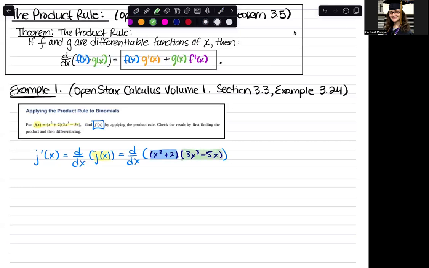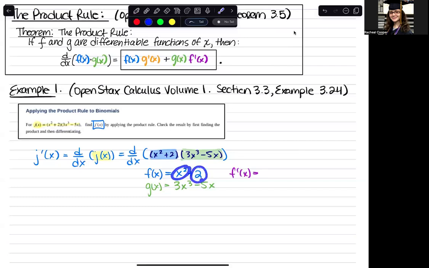And when you're doing these product and quotient rules, I highly recommend that just below the function you're differentiating, you write down the expressions. And you notice that I use colors because I think it helps illustrate these concepts a little bit better, especially if you're learning them for the first time. Then write down their derivatives. When we differentiate x squared plus 2, we need the power rule here, and the derivative of a constant is 0.